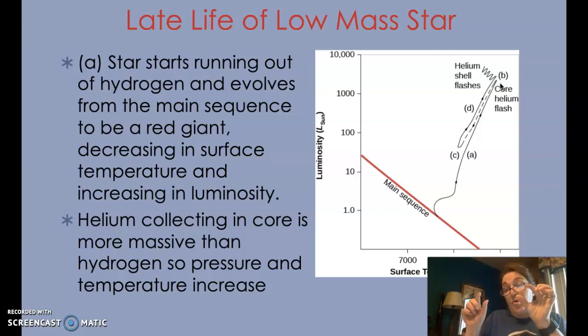They have more space for temperatures to decrease, and so the outer edges of the star are actually lower in temperature because the core is hotter. Really kind of counterintuitive, so make sure and think about that.